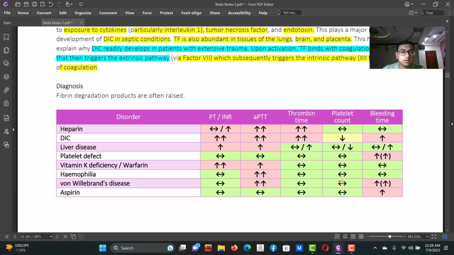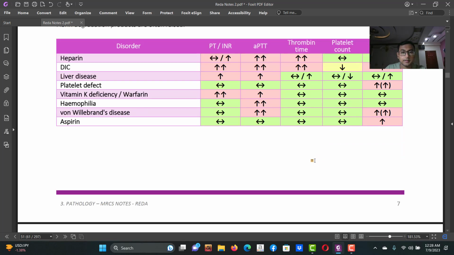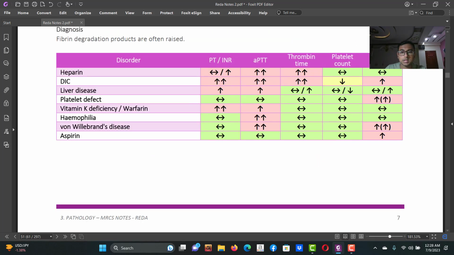For that, we must know in which mechanism rivaroxaban or apixaban works. And these are reversible processes. The exact date is very important because you have to stop the drugs to prevent extensive bleeding during operation. So you must memorize this chart very clearly, because in the exam, sometimes SBA is asked from this chart.